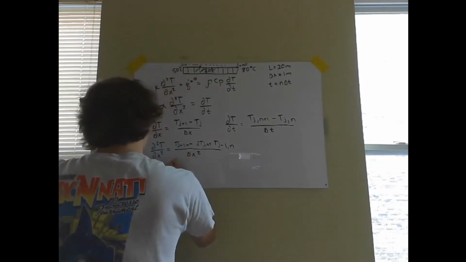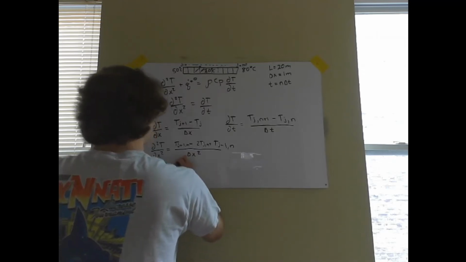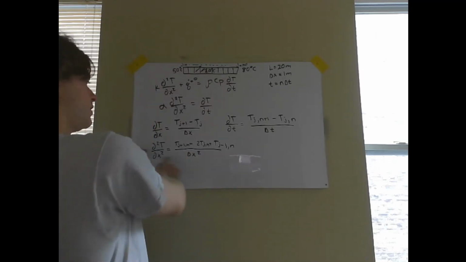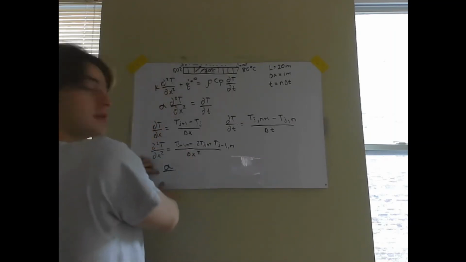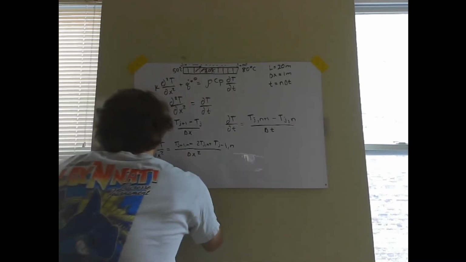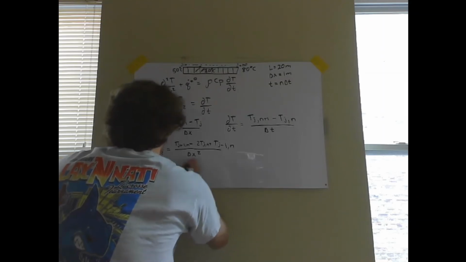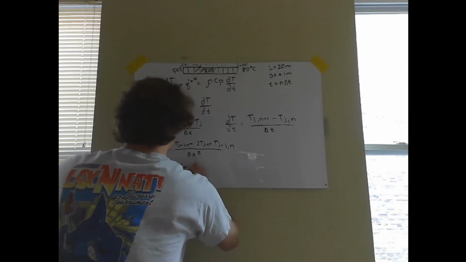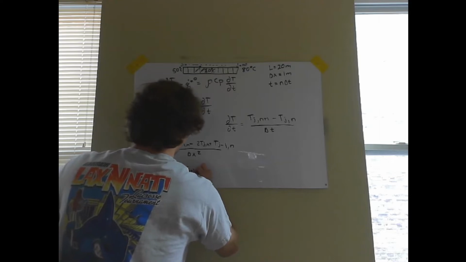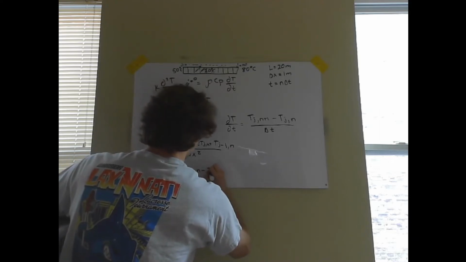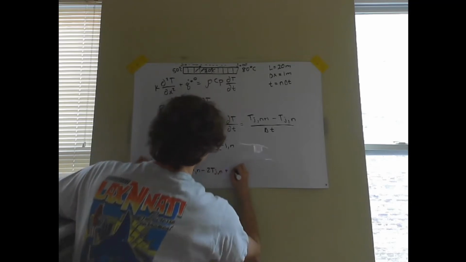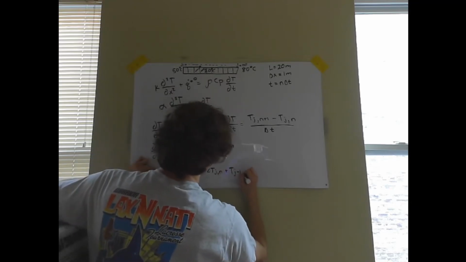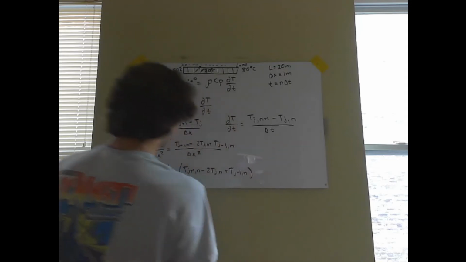So we'll have alpha times our second derivative approximation. So we'll have delta x squared in the denominator, times tj plus 1 at time n, minus 2 tj at time n, plus tj minus 1 at time n.